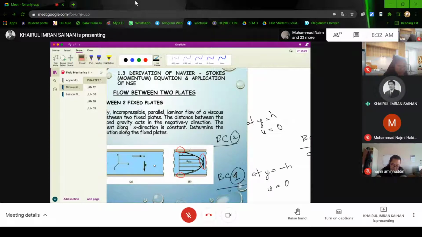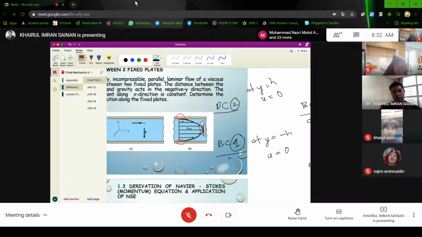This is due to pressure, due to pressure difference. So if you have a fluid like this, there is a difference in pressure, meaning this pressure should be lower than this one.